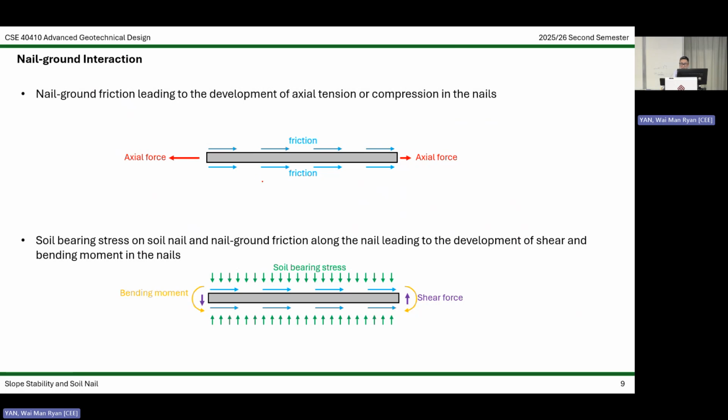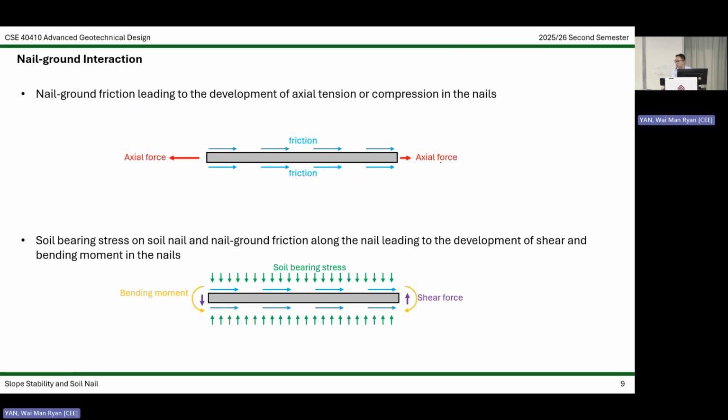Now, even though we didn't come to any equation yet, based on this sort of interaction, you may already know what we need to check. Think about that. If we have this kind of free body diagram or load transfer mechanism, one thing we definitely need to check is whether your nail or your steel bar is mechanically strong enough to take that tension.